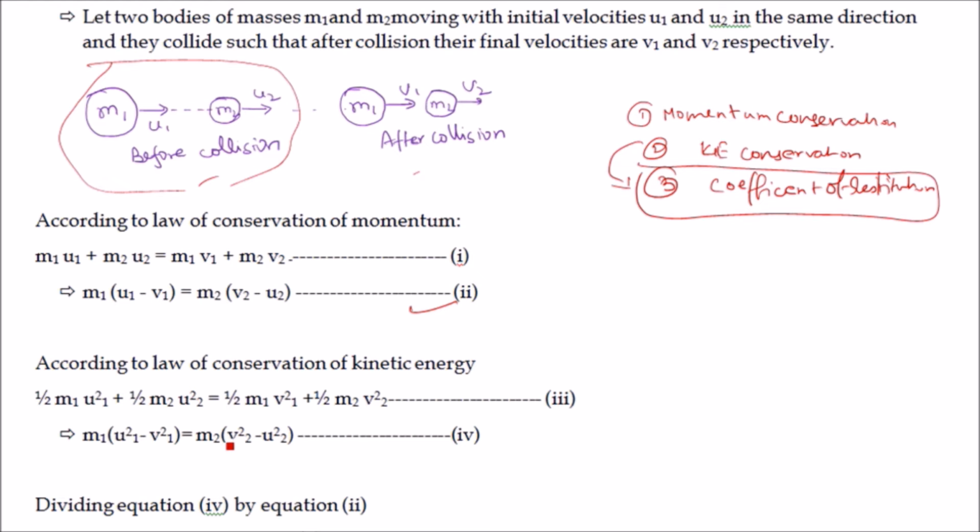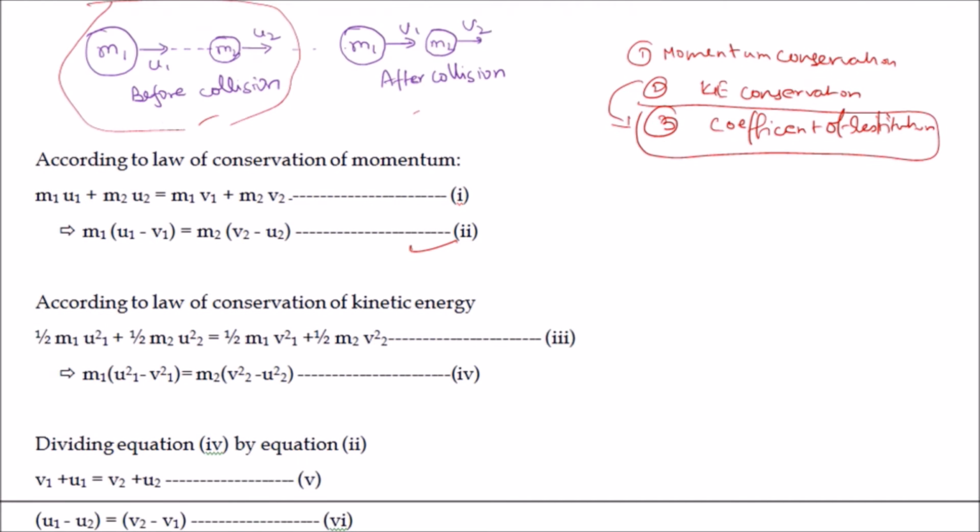And if I divide equation 4 by equation 2, then we get m1 (u1 square minus v1 square) divided by m1 (u1 minus v1) is equal to m2 (v2 square minus u2 square) divided by m2 (v2 minus u2).